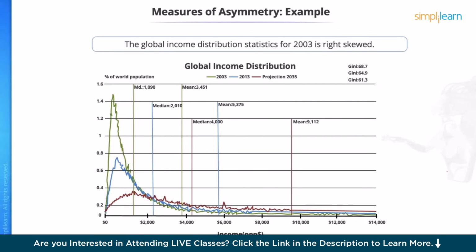Let's consider an example. The graph here shows the global income distribution for the years 2003, 2013, and a projection for 2035. If we see the global income distribution statistics for 2003, it is highly right-skewed.